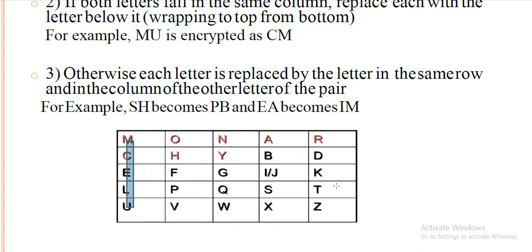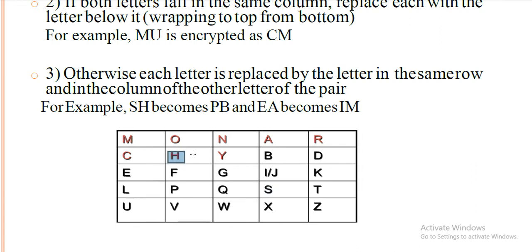Now the last one is very critical. For that you need to watch out carefully, right? Now we are going to take the example of SH becoming PB, right? How does SH become PB? Just find out where exactly S is over here. Look at our matrix, S is over here, and where is the H? So H is over here.